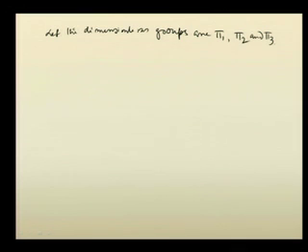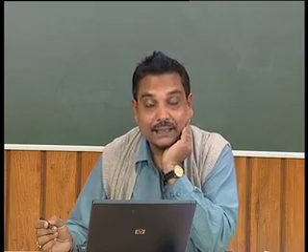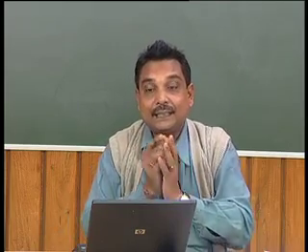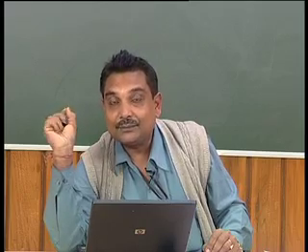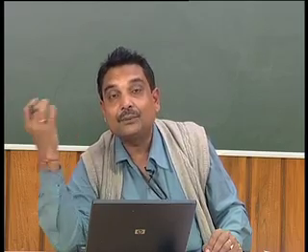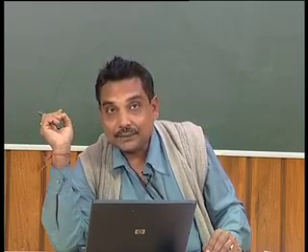Now comes the question of dimensional analysis. Pi 1 is a dimensionless group, pi 2 is a dimensionless group and pi 3 will be a dimensionless group. We have to write the pi 1, pi 2 and pi 3 expressions in such a way that some of the variables will club together to give a dimensionless quantity.